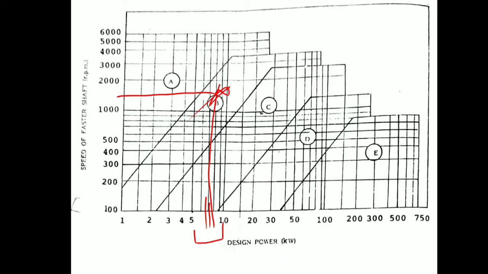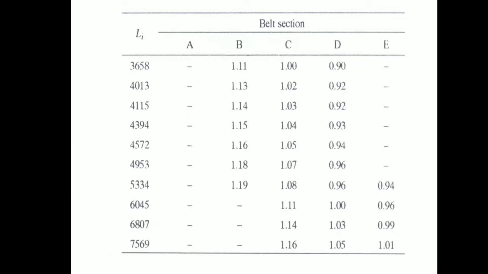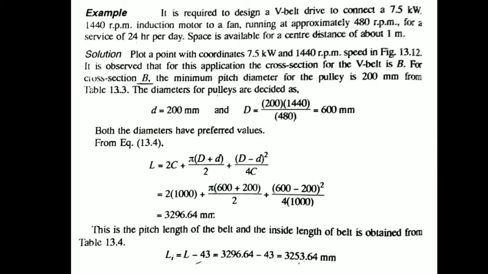Now for the B belt section, this value we have selected, and width is 17, thickness 11, and pulley diameter 200 mm. So the same I will have to follow. Here the pulley diameter for the smaller pulley, 200 mm, I have taken from the chart.